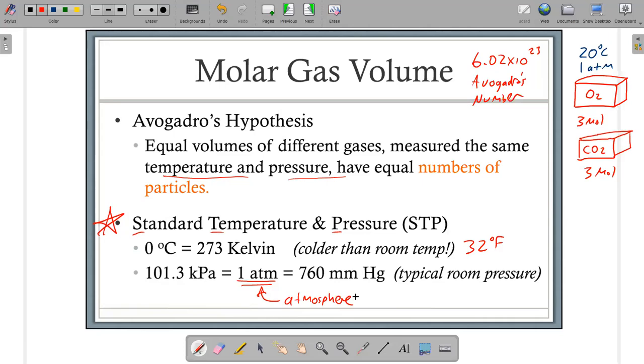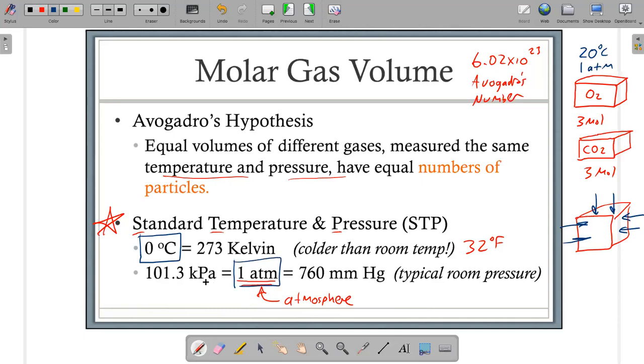That changes the volume of gas, because if you have a volume of gas and the atmospheric pressure increases so that you get pressure pushing on the gas, that parcel of gas will shrink. It'll become smaller in size. So standard temperature and pressure is, for us with metric units, 0 degrees Celsius and 1 atmosphere.